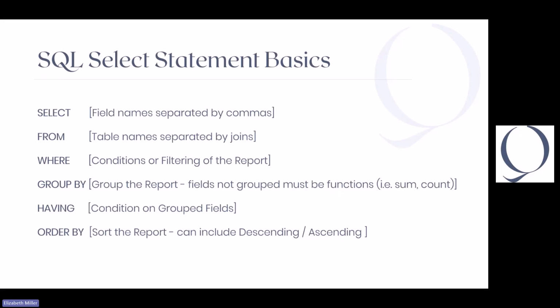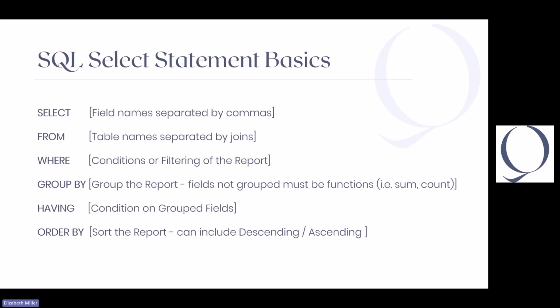I want to talk now real quick before we get into some of the examples about the basics of the SQL statement itself. So we have different sections when we start talking about query writing, and you'll see this when we get into the application in the query generator itself, that there are different sections or boxes that help you decide which area you're working with as you're creating your report.